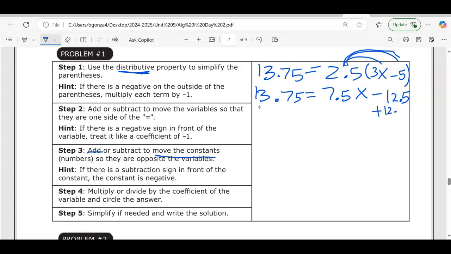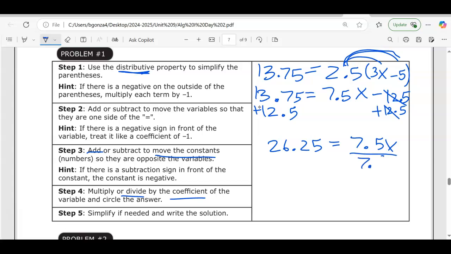Positive or plus 12.5. 13.75 plus 12.5 is 26.25. My last step is to divide by the coefficient. The number in front of x is 7.5. Divide by 7.5, and I get 3.5 equals x. Cool.